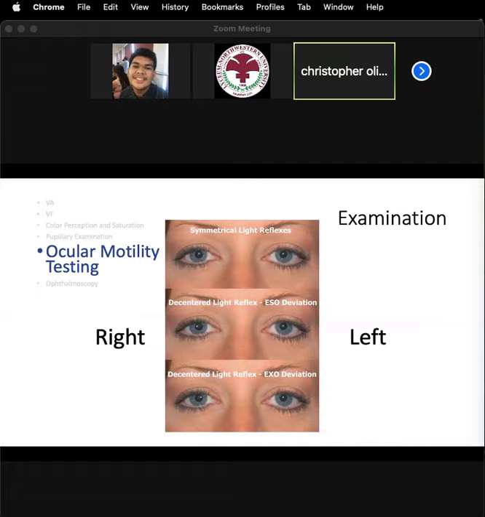So this is a sample patient using the corneal light reflex. You can say that one eye is centered.